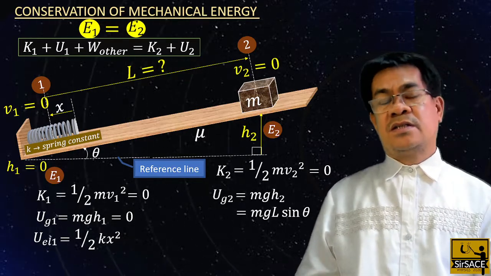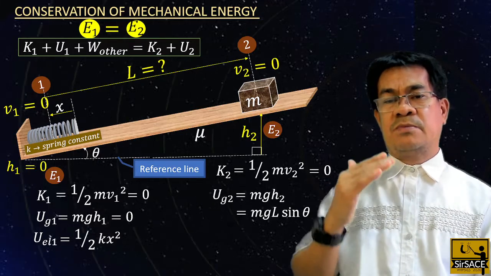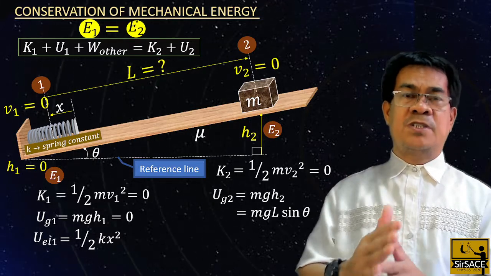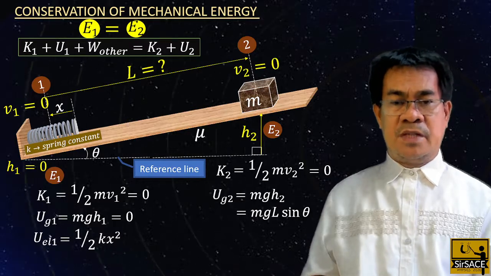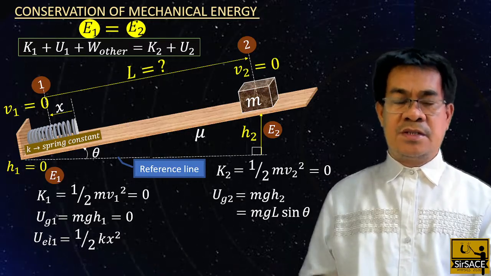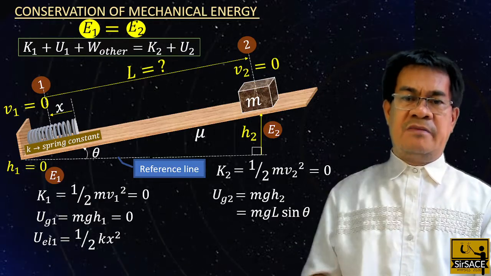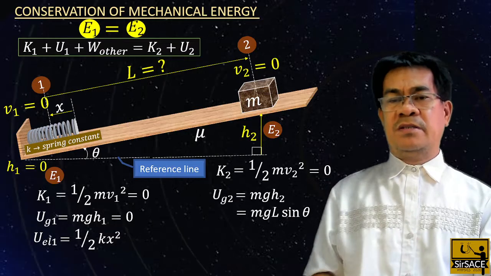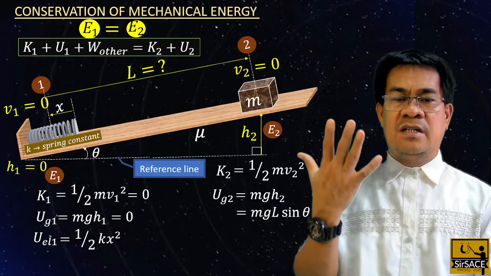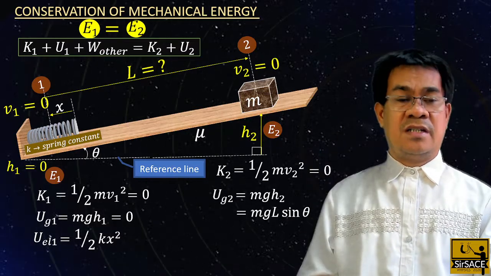So we need the spring constant. By the way, the spring constant can be gathered. If we don't know it, then we have a simple experiment for that. That's a separate video. So suppose we are already given the spring constant. Multiply it by 1/2 and the square of the spring displacement, or x, then that's the initial elastic potential energy.